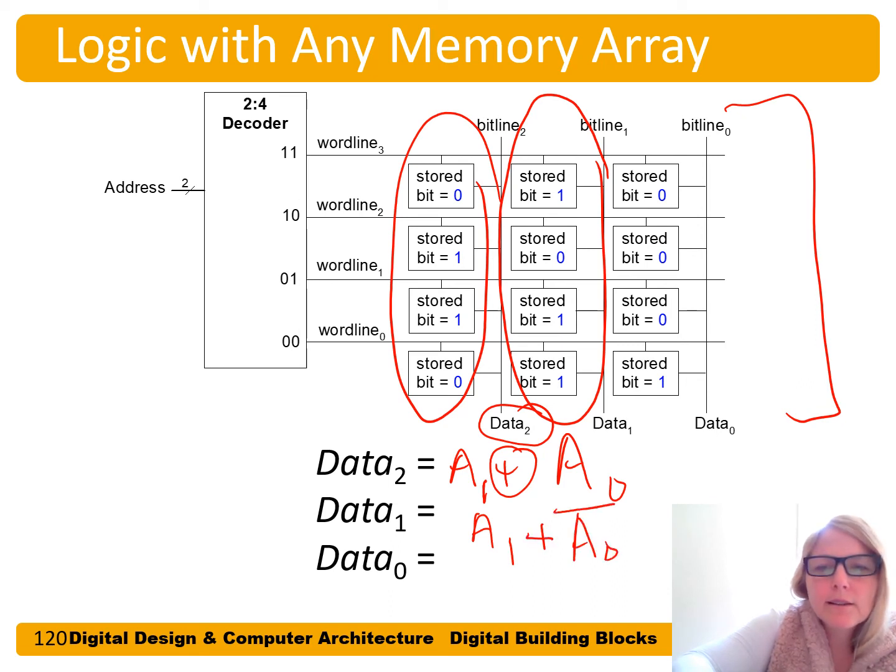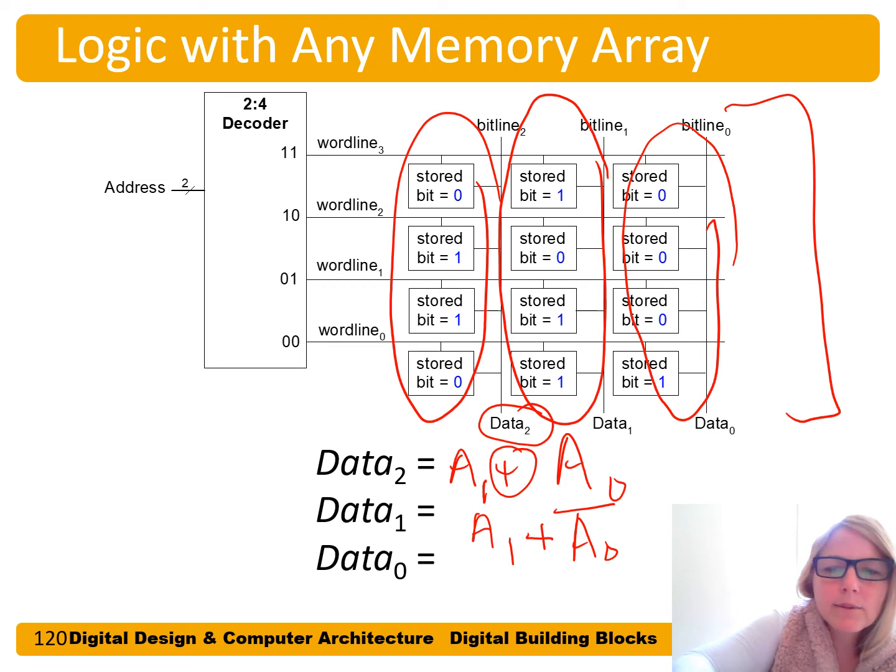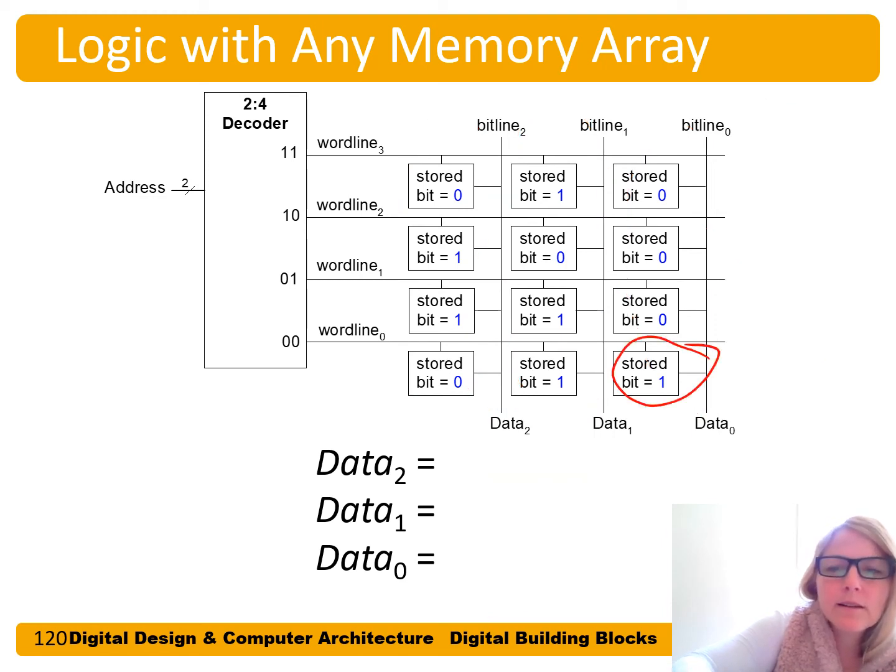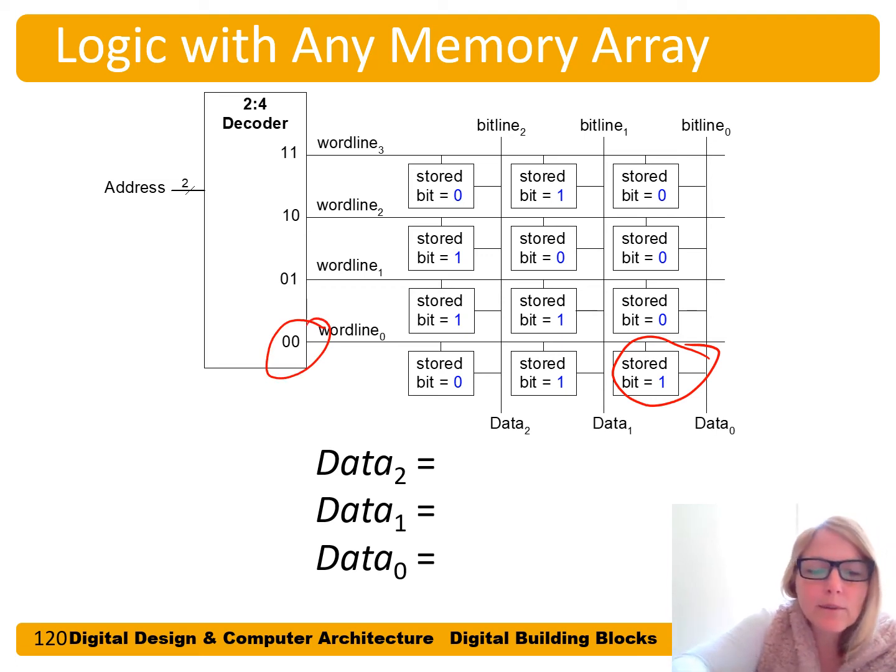This is that function. And then finally, our last one, 0, 0, 1, data sub 0 is A1 bar and A0 bar. This is our single 1, when A sub 1 and A sub 0 are both low.